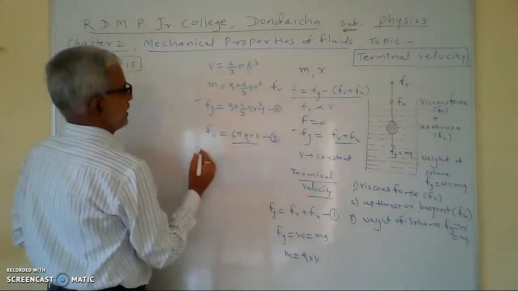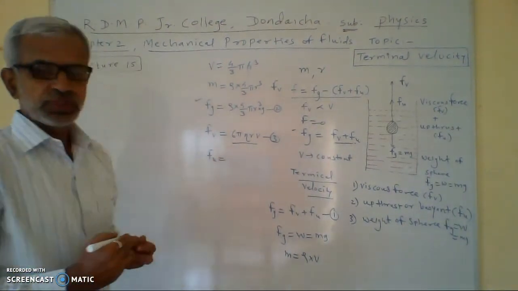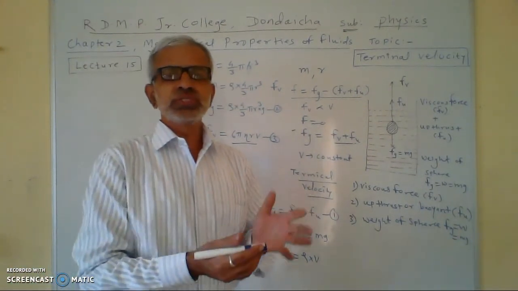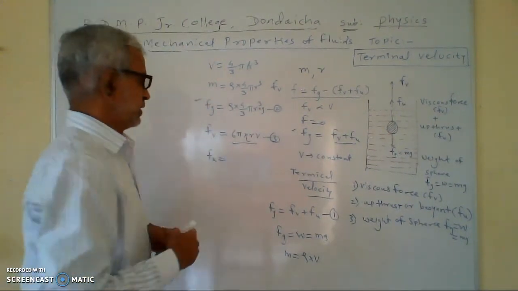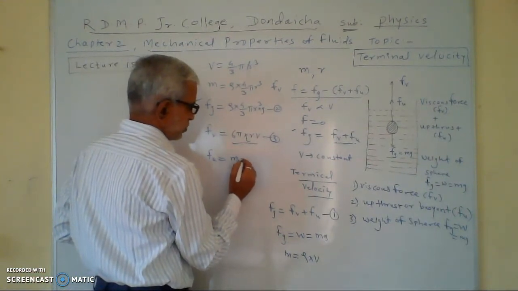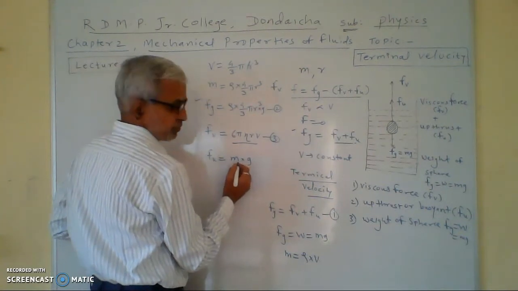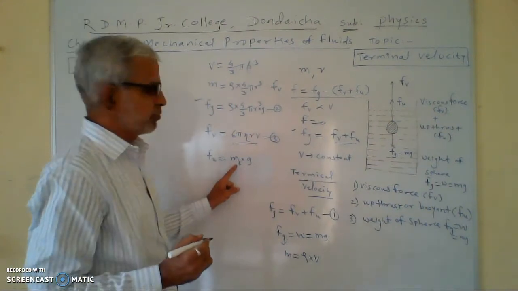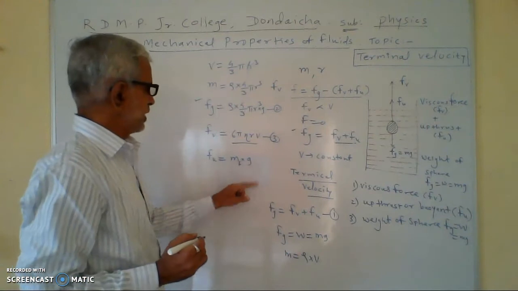Then find Fu. Fu is the upthrust. Upthrust means the force due to the mass of fluid which is displaced by the sphere, and this force is also m into g, where m is the mass of the fluid. If we denote it by mf, suppose mf is the mass of the fluid, multiplied by g.